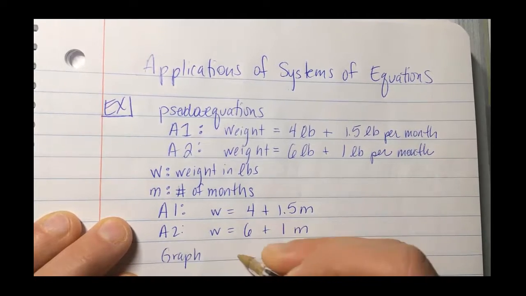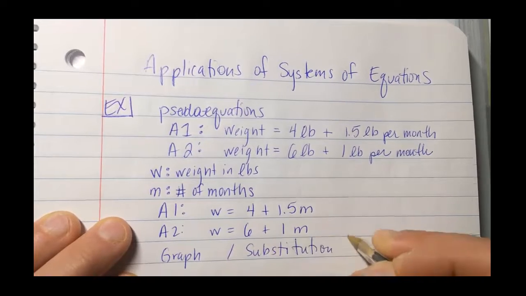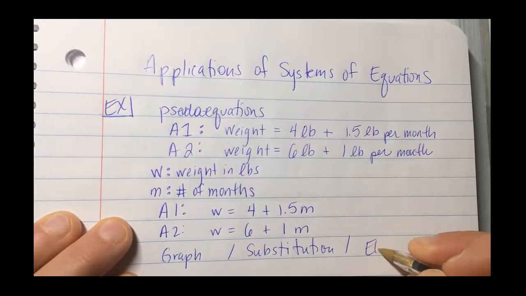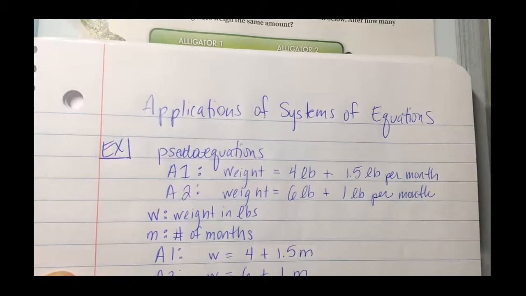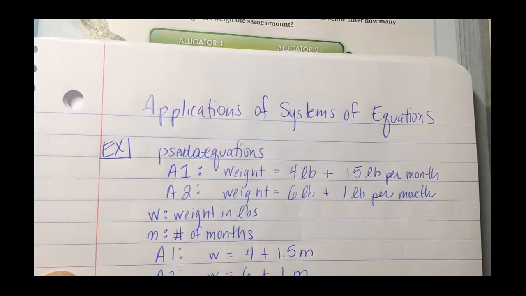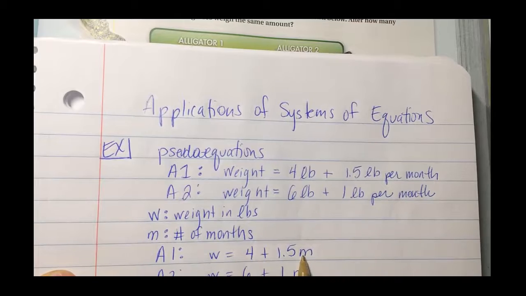I could graph, I could use substitution, or I could use elimination. Let's predict what we think the answer is going to be. Well, first of all, the answer is going to be a number of months because the question asked us how many months. Let's estimate how many months, just so we have an idea. All right, let's pick 10 as a number.